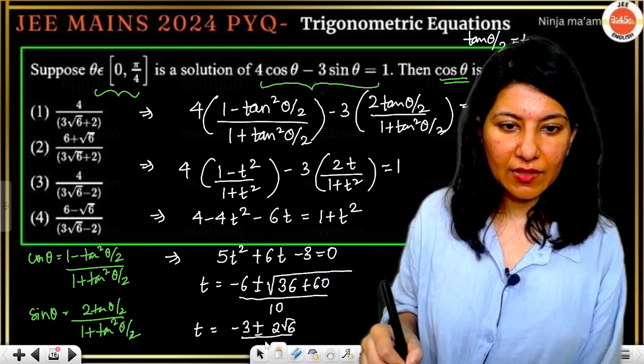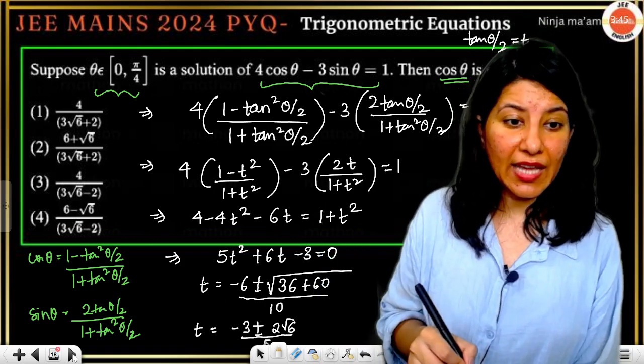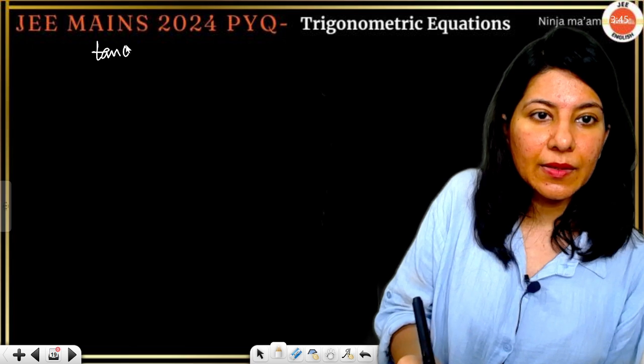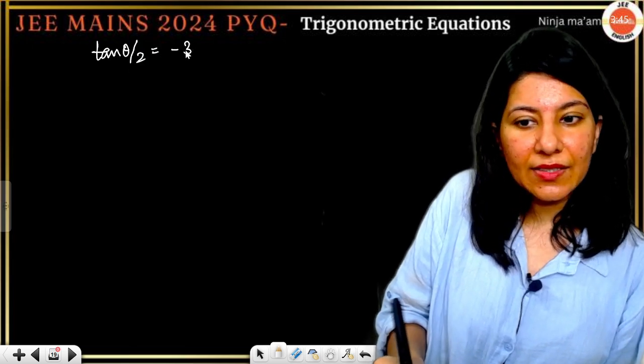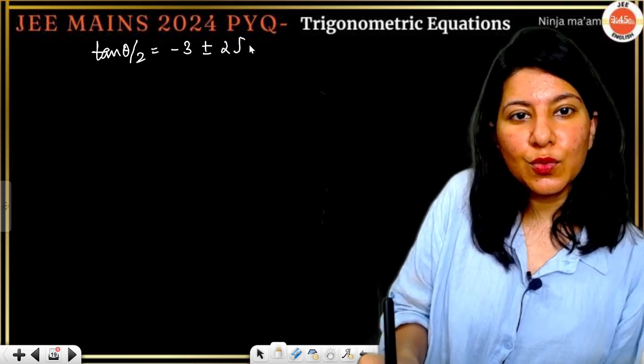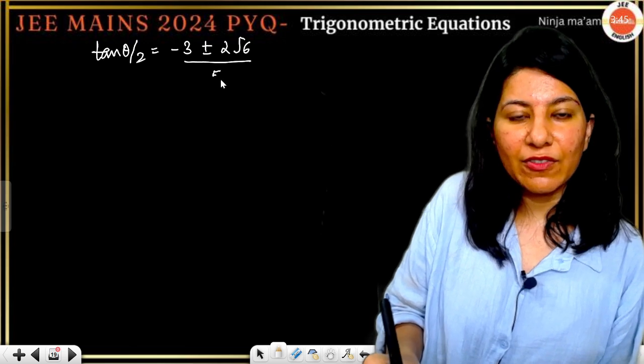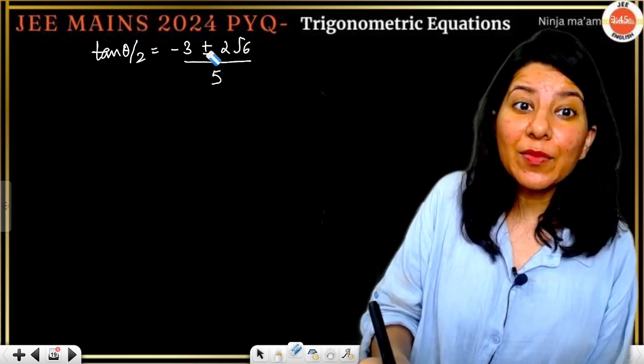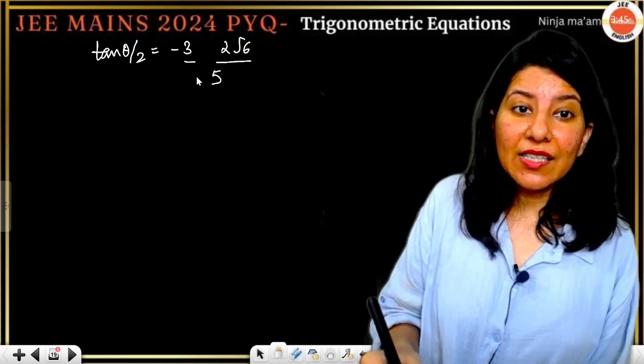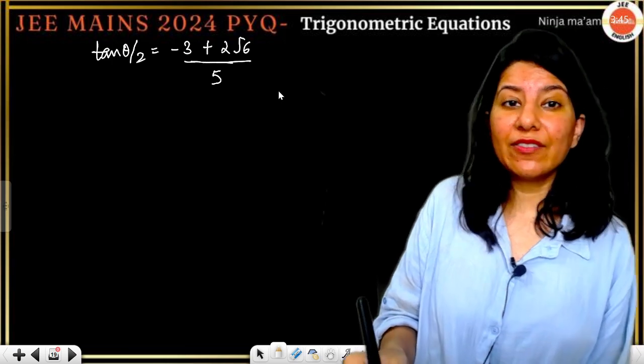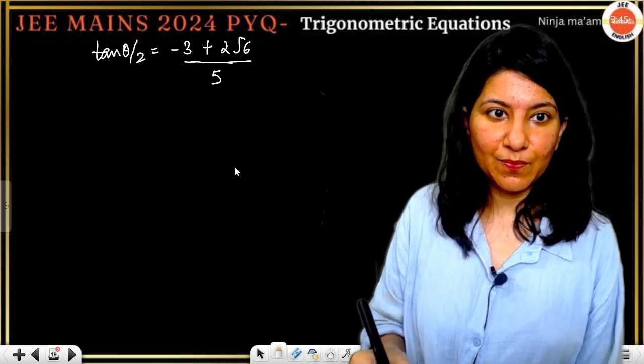This is your t. That is tan theta by 2. So your tan theta by 2 is coming out as minus 3 plus minus 2 root 6 upon 5. Obviously, the minus sign is neglected. Why? Because our angle is lying in the very first quadrant and negative values we cannot accept.